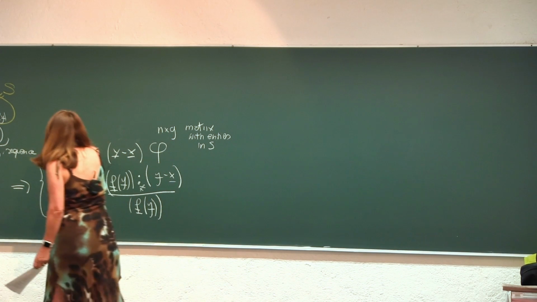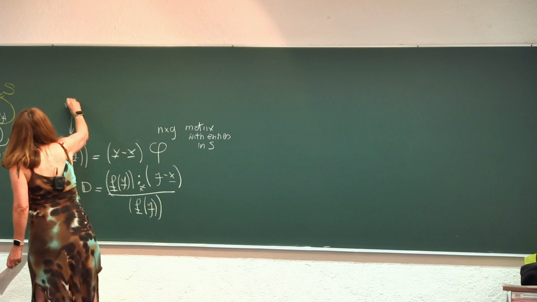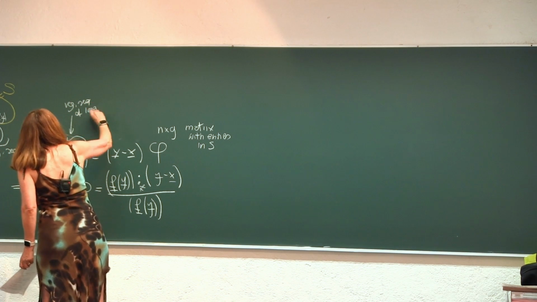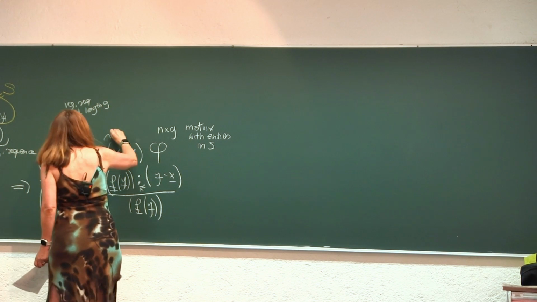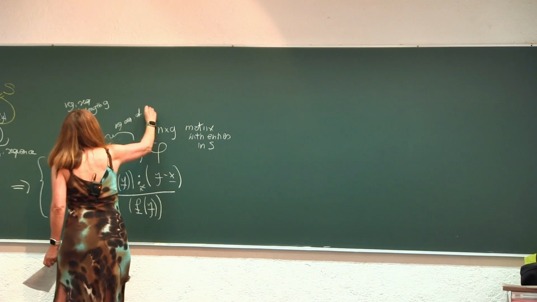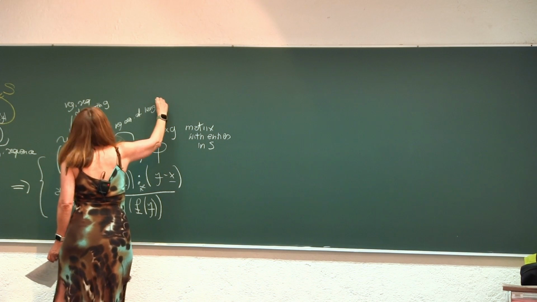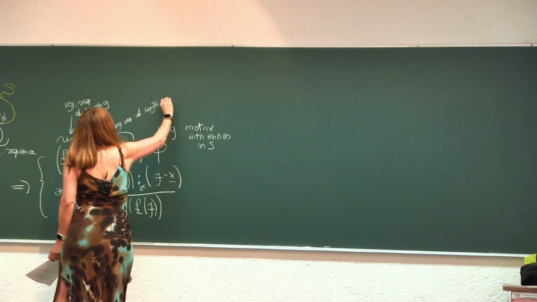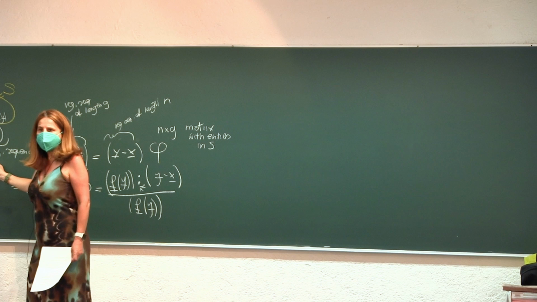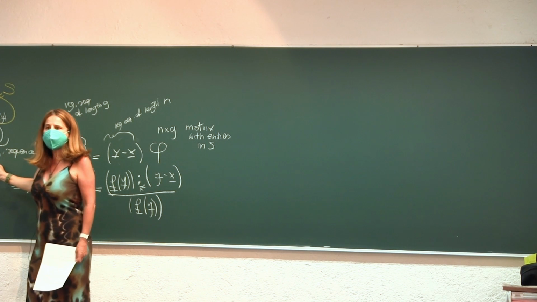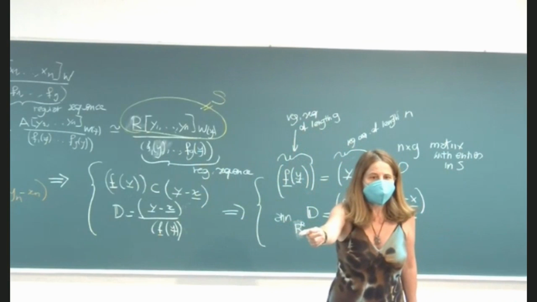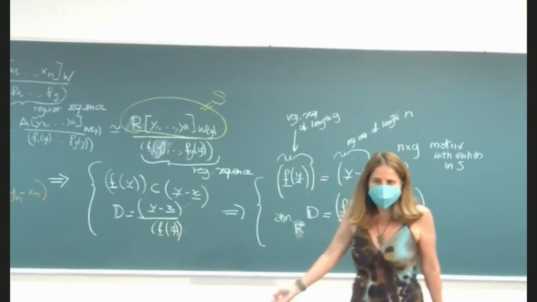Now, the point is that these two are both regular sequences. This is a regular sequence of length g. This is a regular sequence of length n.